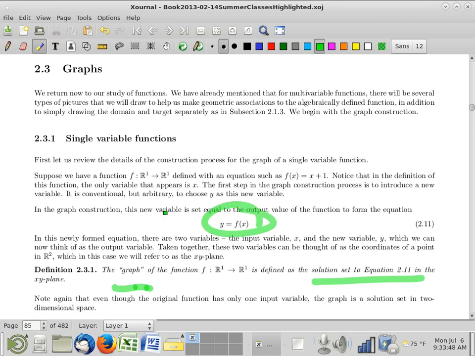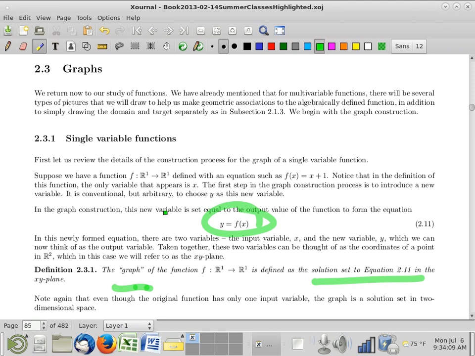So there's, again, a two-step process when you want to construct a graph. You take the output values of the function, you set it equal to a new variable, typically y. Step two, draw the solution set to that equation. Now, we started with a function. Again, our goal is to draw the graph of this function.